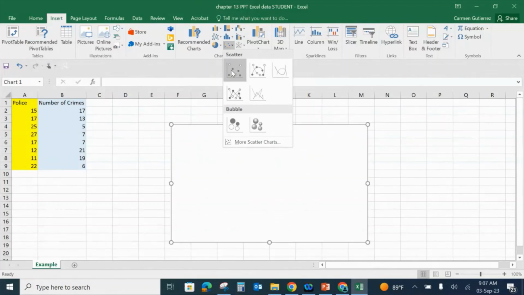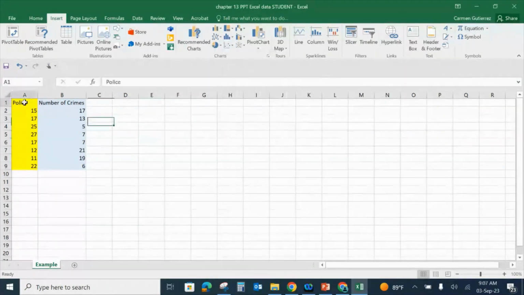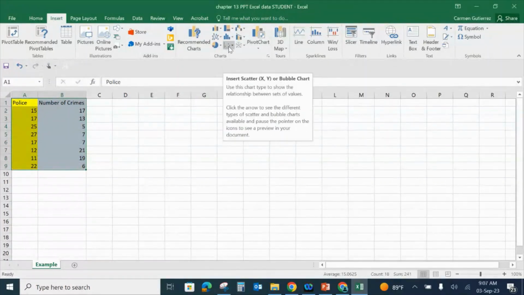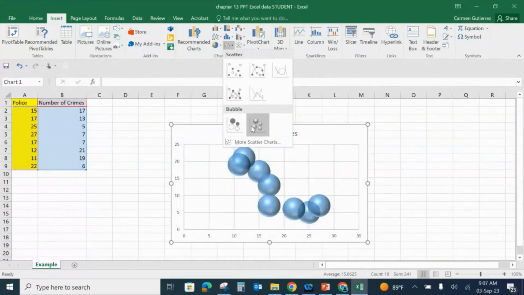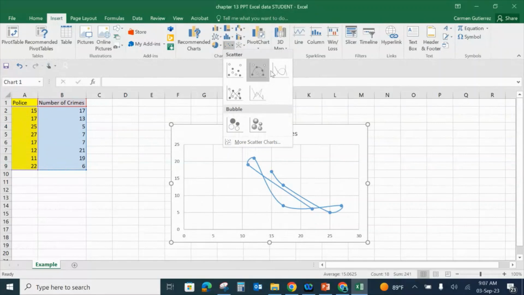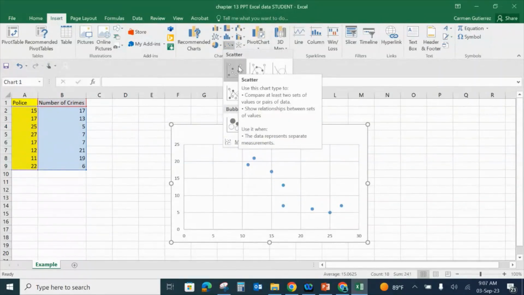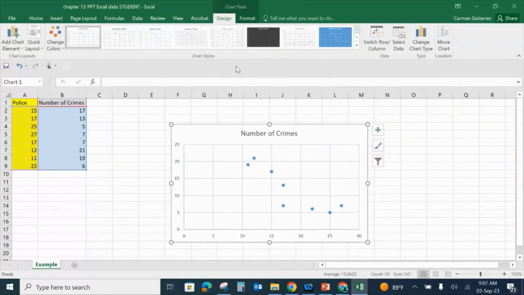Oh, I didn't highlight any of them, so let me highlight my X and Y. Here we go. Now I can click on it, and you have many choices also. I haven't clicked, I'm just hovering on each of the choices. I'll click on the first one, and I have my scatter diagram.